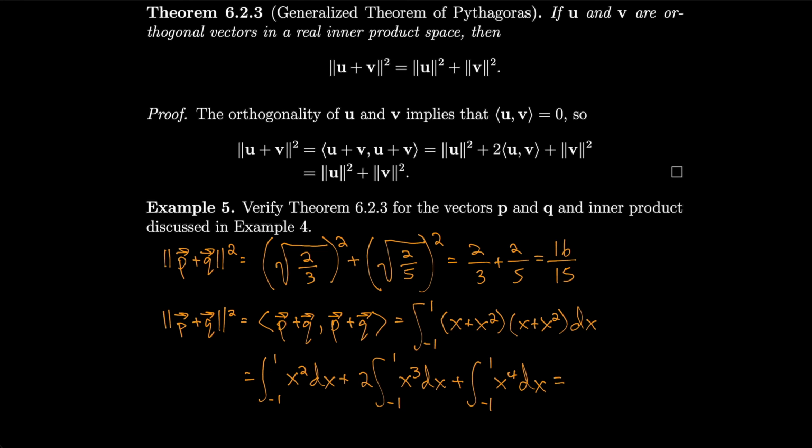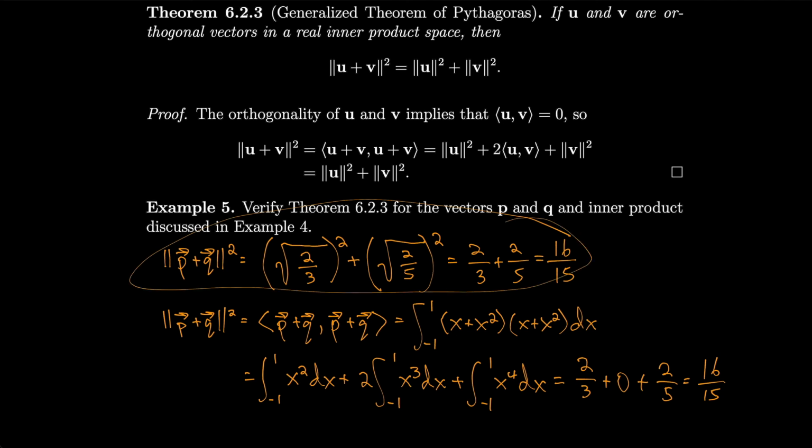And then performing each integral, we get 2/3 plus 0 plus 2/5, which is 16/15. So it matches up. The theorem is a nice little shorthand way of computing this.